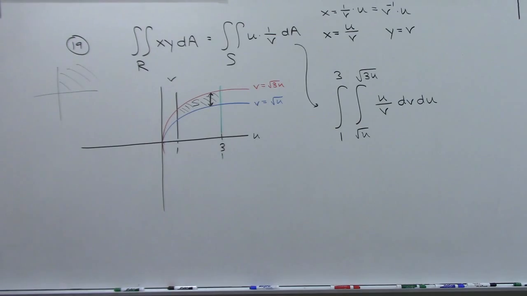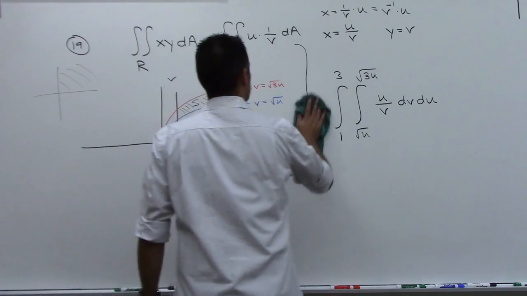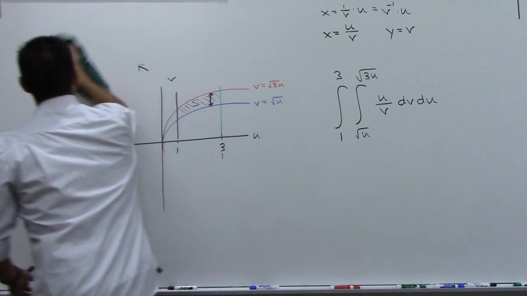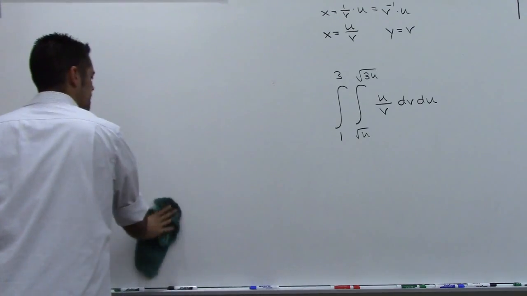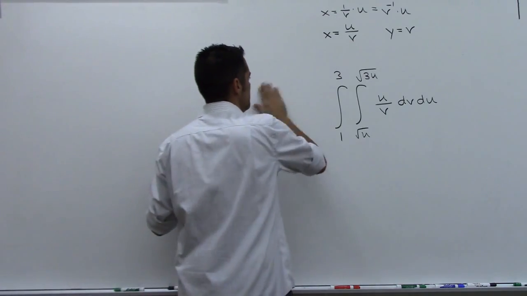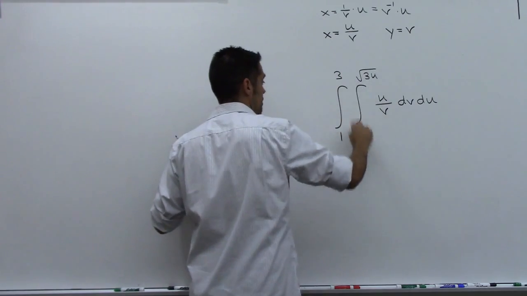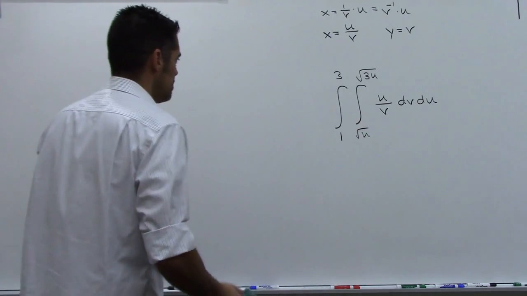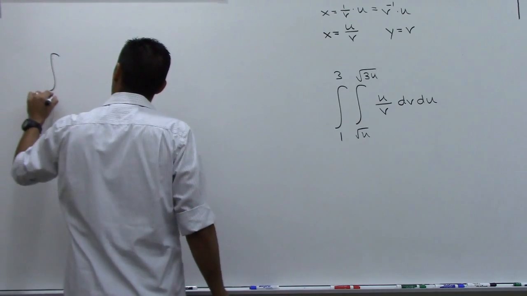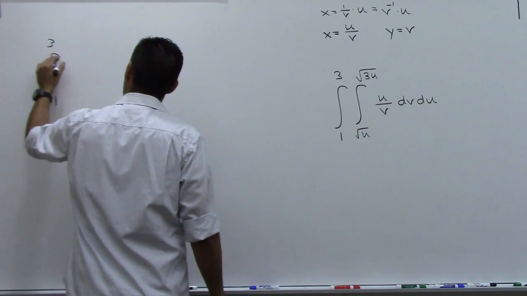Good. Now let's go ahead and do this integration. We cannot split this up into two using that special thing because these are not both stuck between constants, so we can't do that. So I've got to integrate with respect to v first. So I've got the integral 1 to 3.